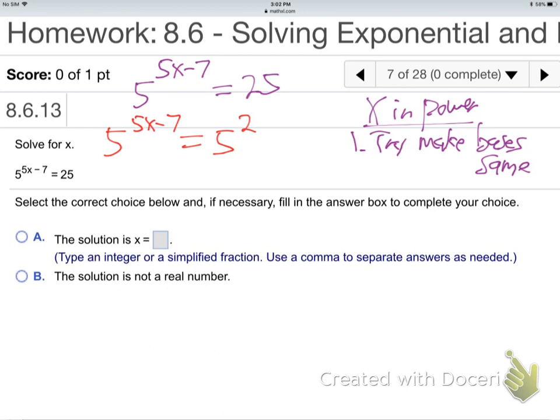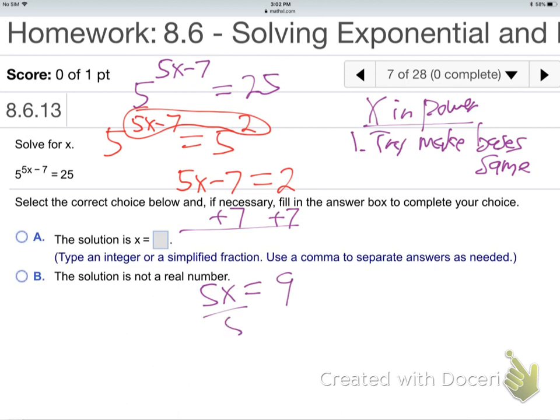Now, once the bases are the same, remember you can just set the powers equal. Is that good? So 5x minus 7 is 2. All right, good. So once the bases are the same, just set the powers equal and then solve from there. So add 7 to both. 5x is 9, divide by 5, 9/5.